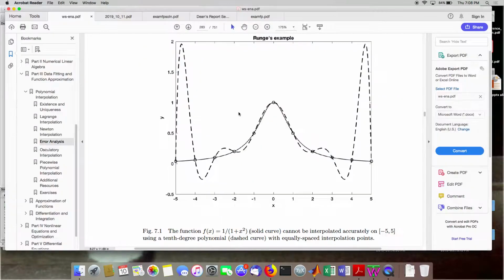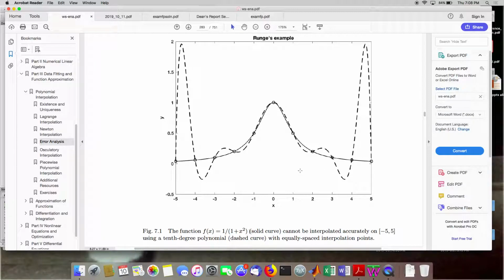Now, before I give you a solution, one thing I want to point out is, notice this function 1 over 1 plus x squared is fairly smooth. But polynomials of higher degree tend not to be very smooth, because a polynomial of degree 10 can have up to 10 roots. When you have a polynomial that has 10 roots, we can see some of them here. There's a root there, and 2 more here.